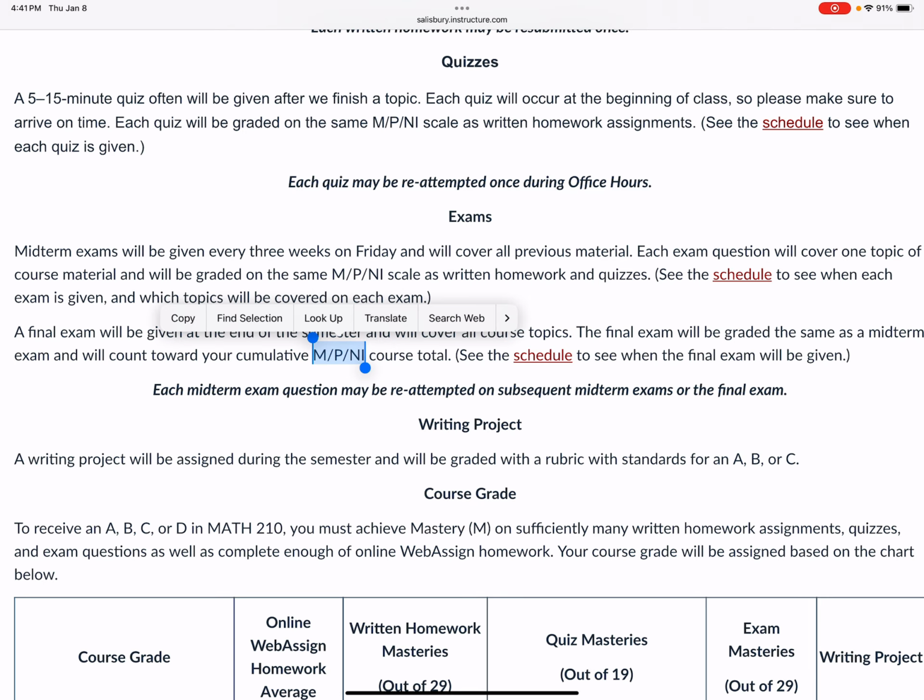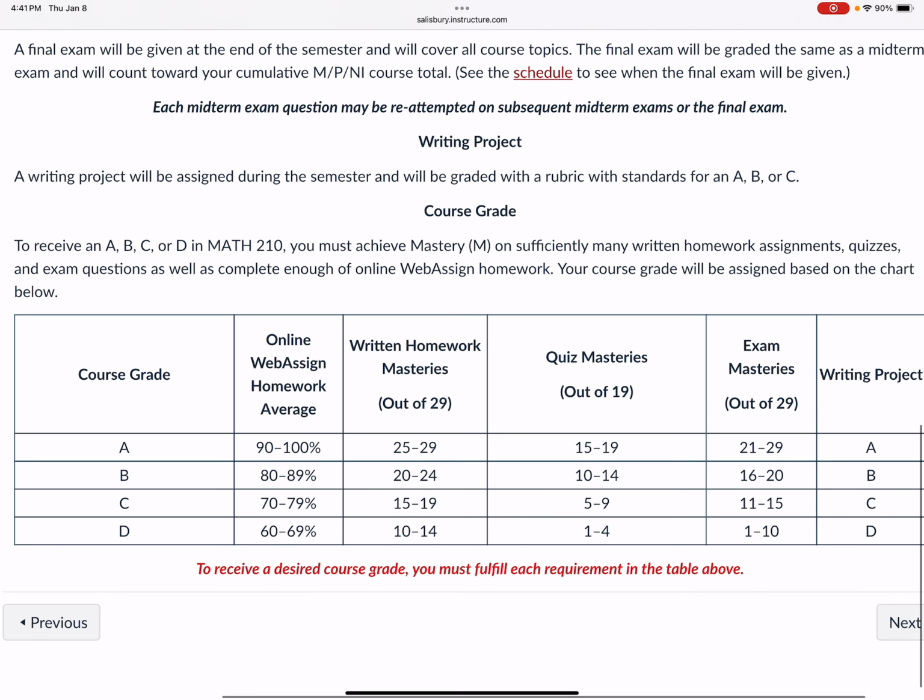And if you get it incorrect, suppose you get a progressing, or maybe you didn't even attempt it, you got a needs improvement, you can reattempt that topic on a future exam. You can't just do that whenever. Exams are every 3 weeks, but you will see that question again on a future exam. Exams cover all topics that were covered before. Also, there will be a writing project. I'll get into that more specifically later.